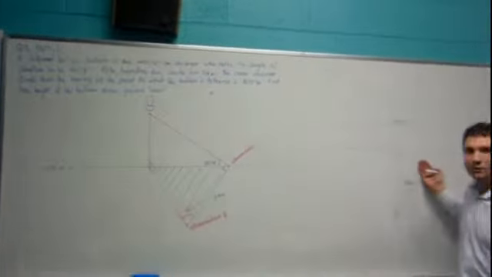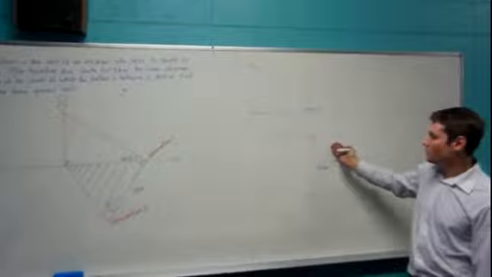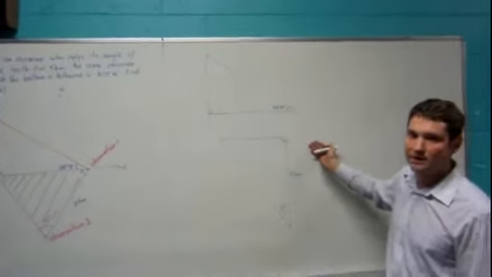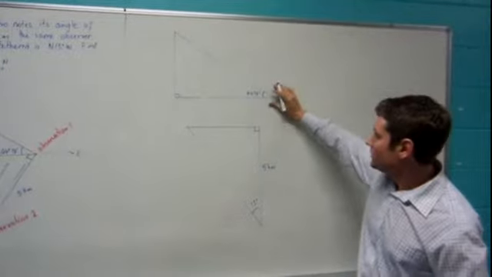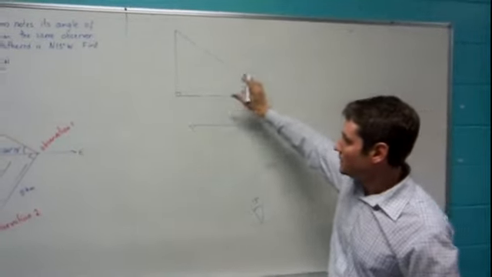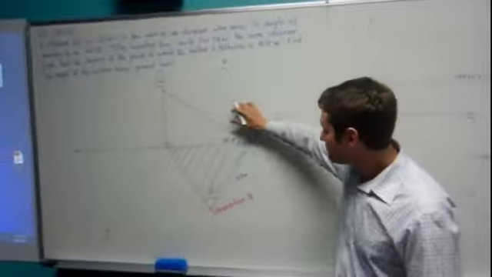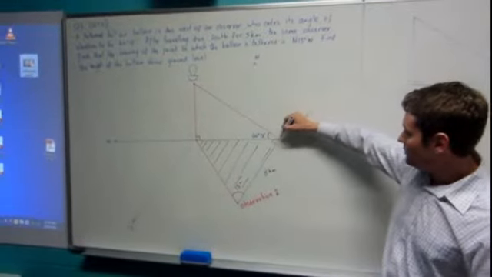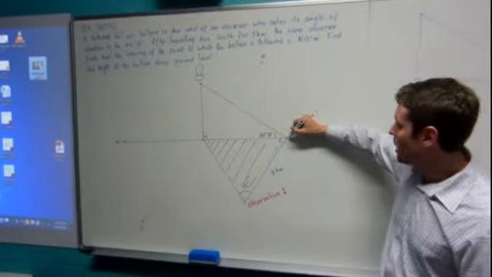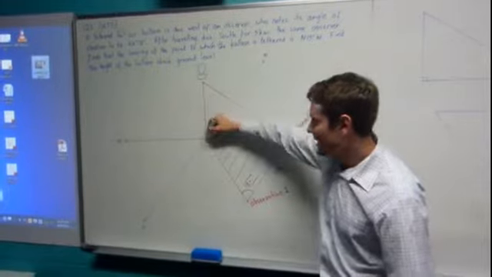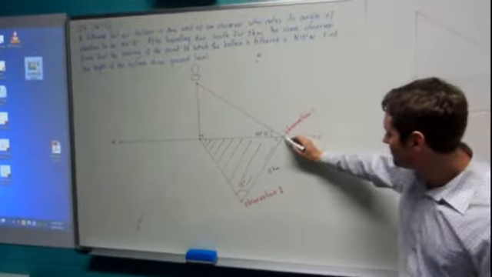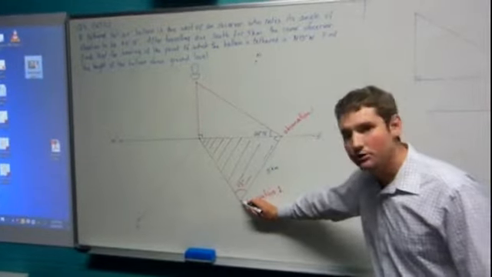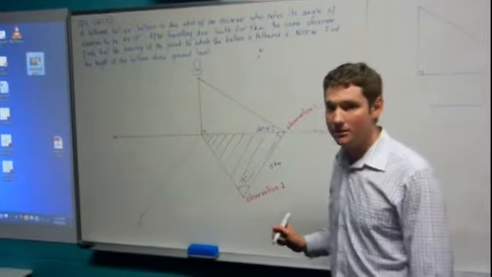On this side of the board, I have redrawn 2 triangles that we've taken from our original 3-dimensional problem. If you look at the first triangle up here, you'll notice that I've put the triangle from observation 1 up to the hot air balloon, back down to the tether. The second triangle I've drawn is from observation 1 to observation 2, back up to the tether point.